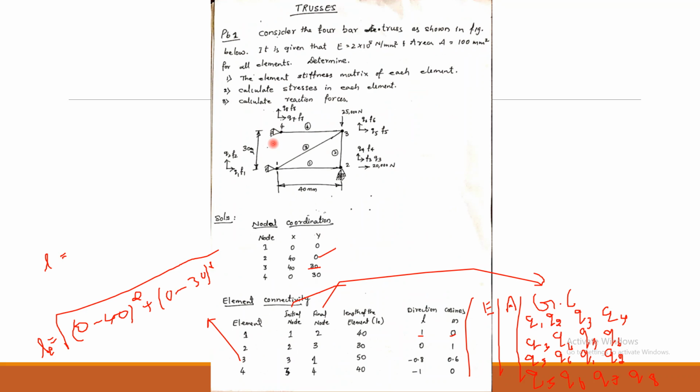Okay, once this is done, next I am quickly going to element 3. For element 3, the area is 100, 2 into 10 raised to 5 divided by 50. Young's modulus is the same, and the L value is minus 0.8 and the M value is 0.6. So you have to enter the L value and M value.